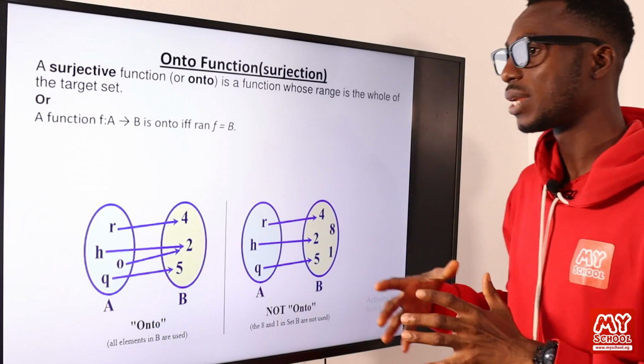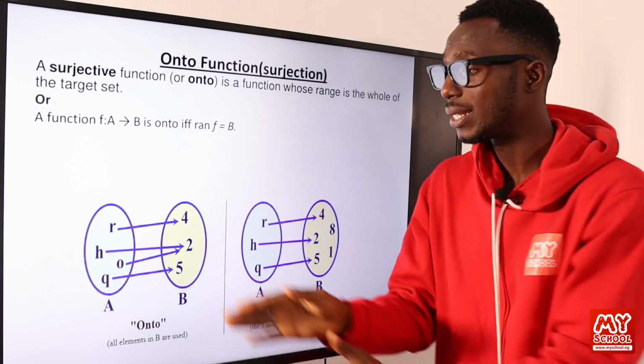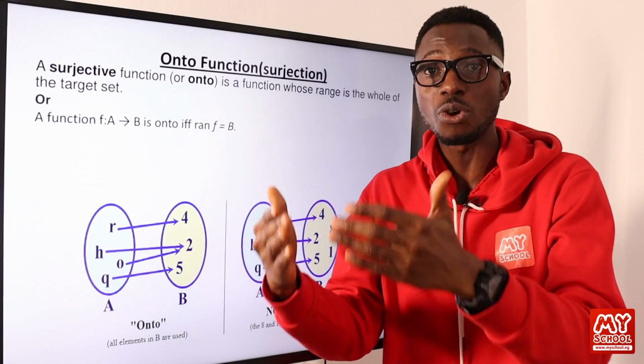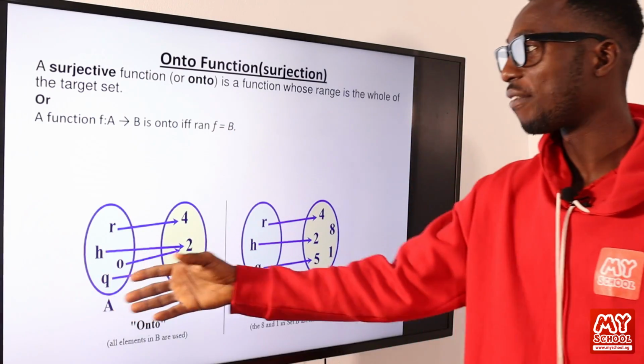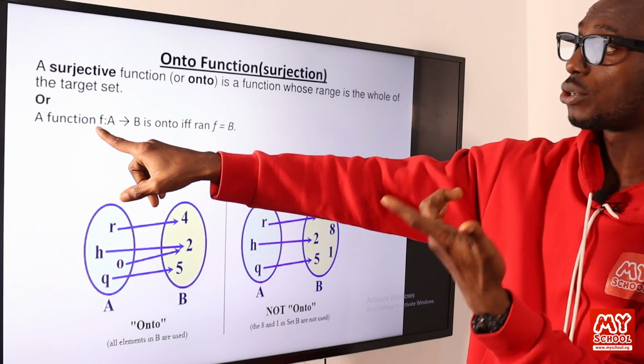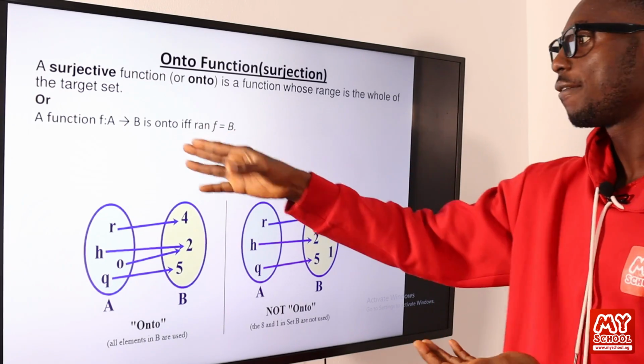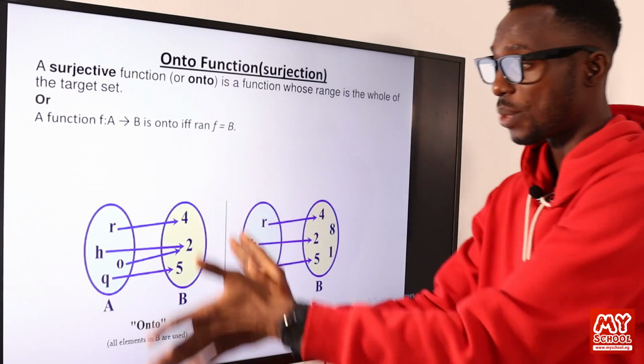Every item you can find in the co-domain is actually a product of an input. So that is why we have onto mapping. So you can say a function F of A maps to B is onto if and only if, right? This is what we have here basically.